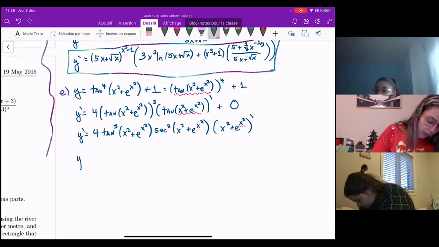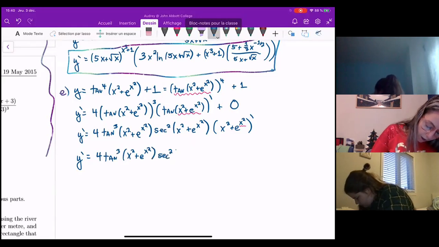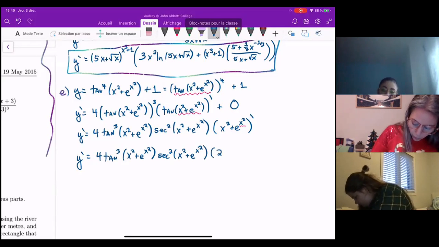So I'm going to do that all in one go to have 4 tangent cubed of x squared plus e to the x squared, secant squared of x squared plus e to the x squared, times 2x plus e to the x squared times 2x.